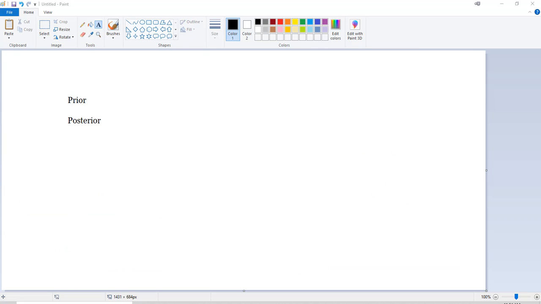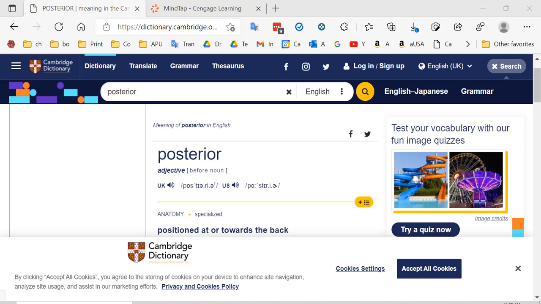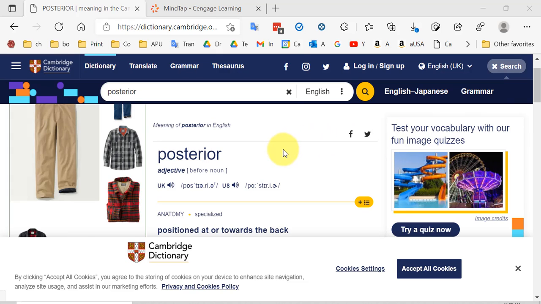Okay, and the last thing is just a little bit of terminology that's used in Bayes' theorem. I think most people know what the word prior means. Prior means before. And posterior means after. Let's see if we can find something in a dictionary. So here's posterior.